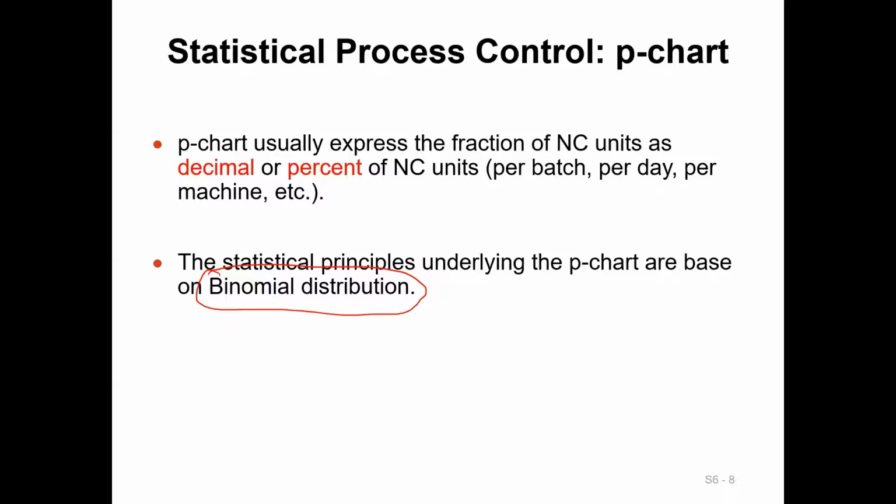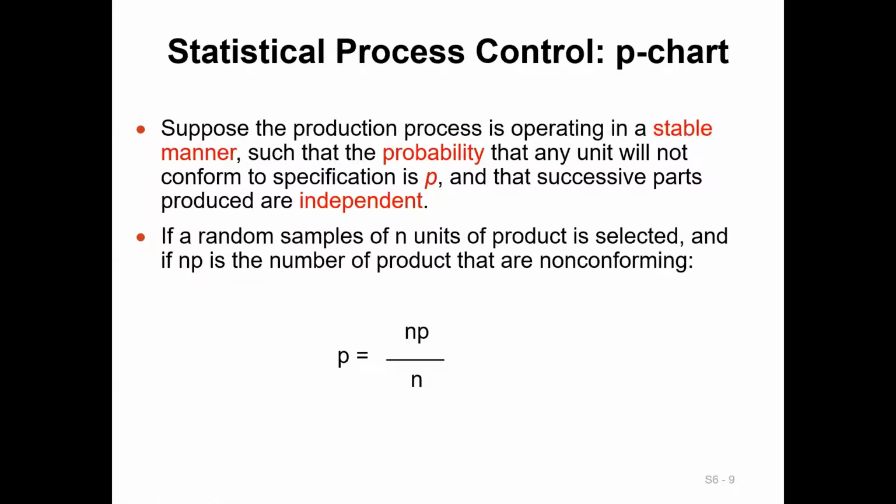Okay, so the P-chart usually explains the fraction of NC. We discussed already: either ratio, percent, or proportion, but as I said, we use ratio in this chapter. So to recap, what is binomial theory? Binomial is the theory of probability for attributes.